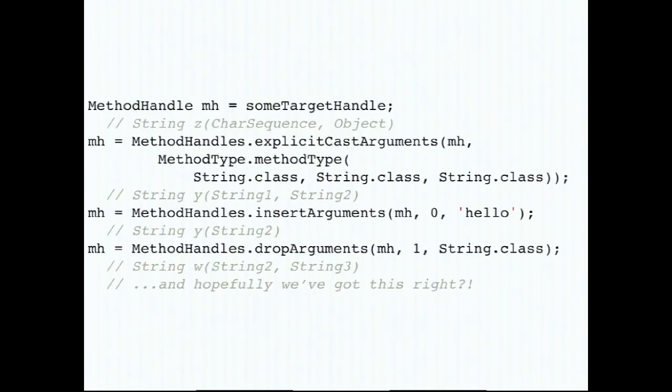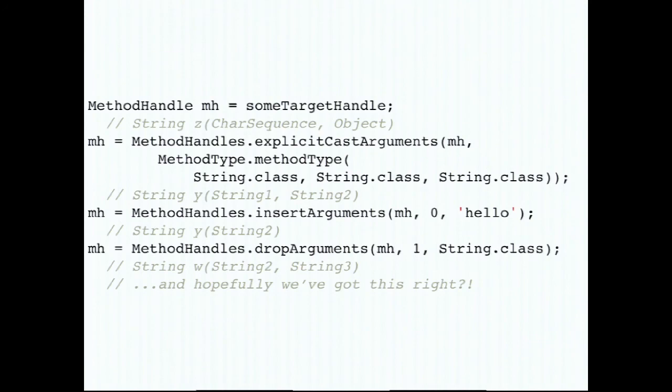Okay, so here's an example of how you do this with the standard method handle API, the java.lang.invoke stuff. We've got some target handle, which is probably a method somewhere in the system. We want to cast the arguments to all strings. We want to insert arguments into it. And we want to drop an argument off the end. And now you have to actually look at this in terms of the target method having its arguments modified backwards from the target.